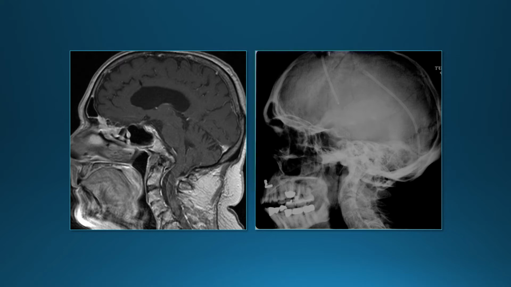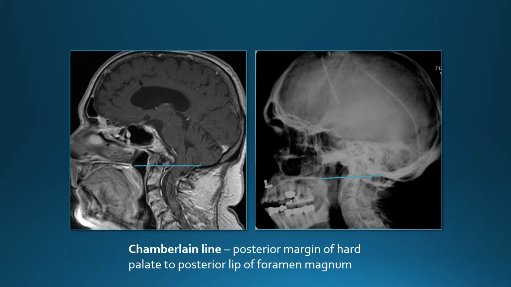In the plain film days, we used to draw lines. We can still draw lines. They're not as useful anymore. The one that's most frequently used is Chamberlain's line. Chamberlain's line is a line between the posterior margin of the hard palate and the posterior lip of foramen magnum.